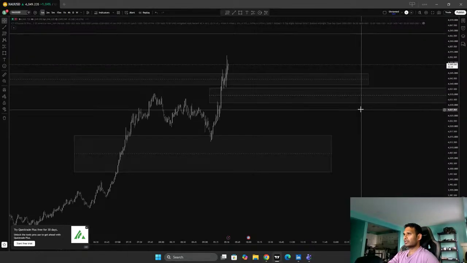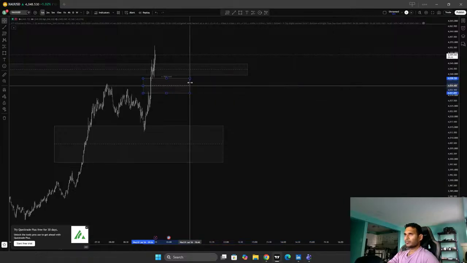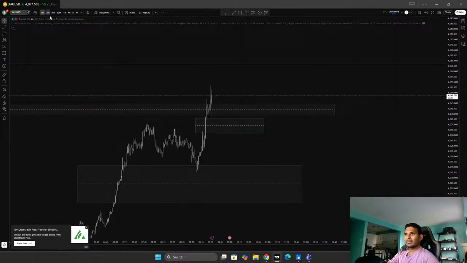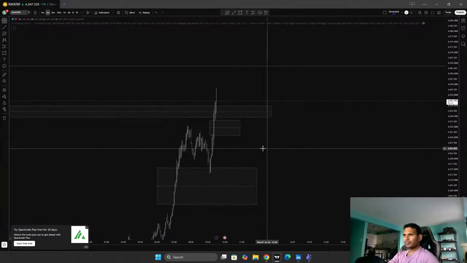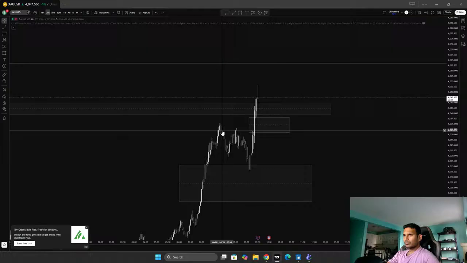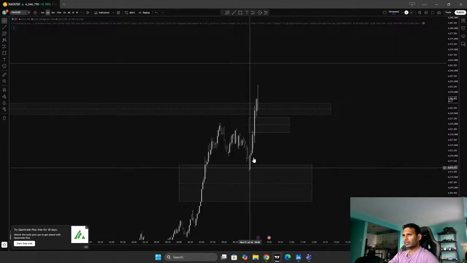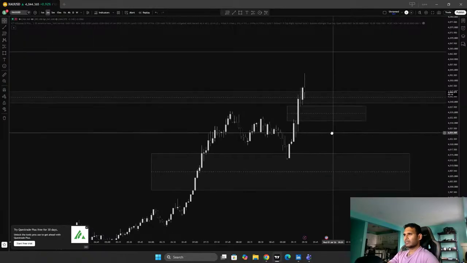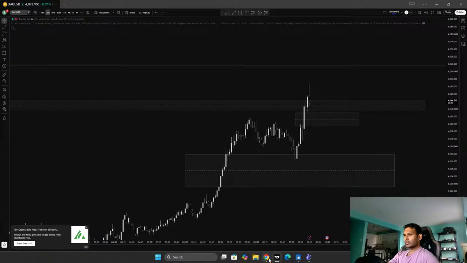I'm just a little curious about what is going to happen here. So the push, liquidity taken, gap is getting tapped, we have the market structure shift, we have the break, we have a really good displacement. So this is the crucial level. I need to wait and watch what's going to happen.